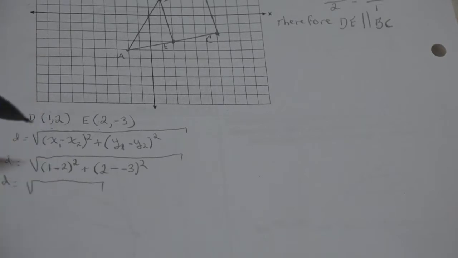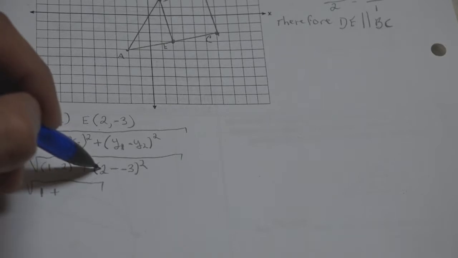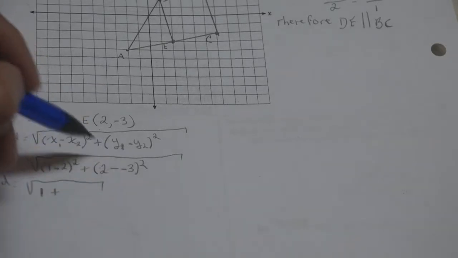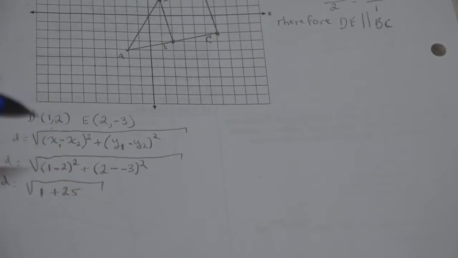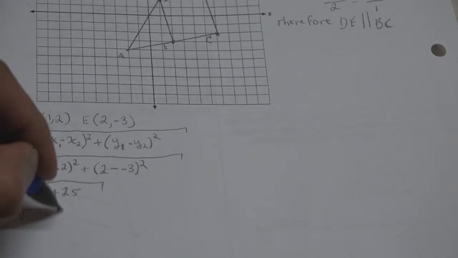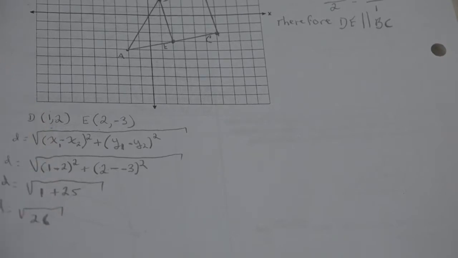So 1 minus 2 is negative 1. Squared is 1. Plus 2 minus negative 3, that's 5. Squared is 25. Now the distance here is radical 26. That is the distance.